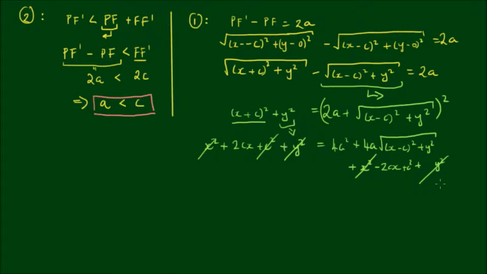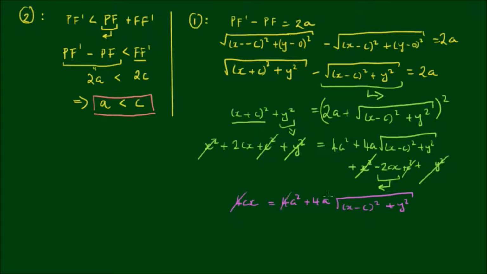C squared on the left cancels the c squared on the right. And let's take this negative 2cx to the other side. So now we have on the left hand side 4cx is equal to 4a squared plus 4a times the square root of x minus c all squared plus y squared.